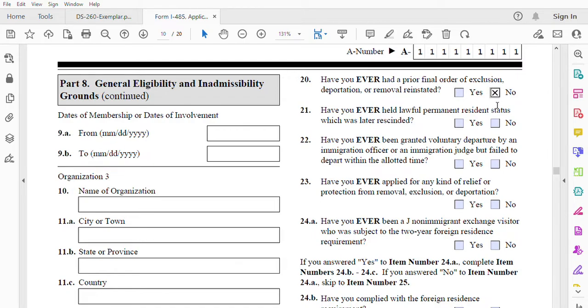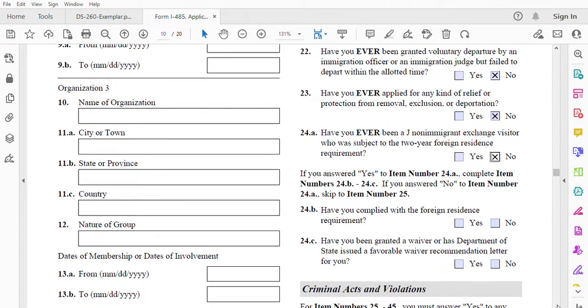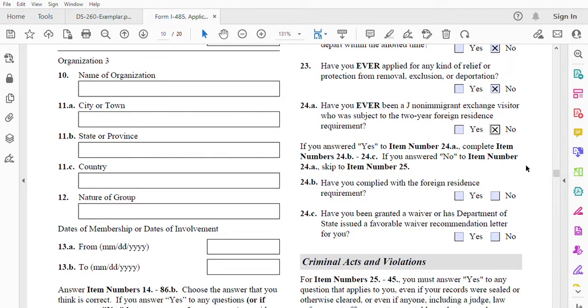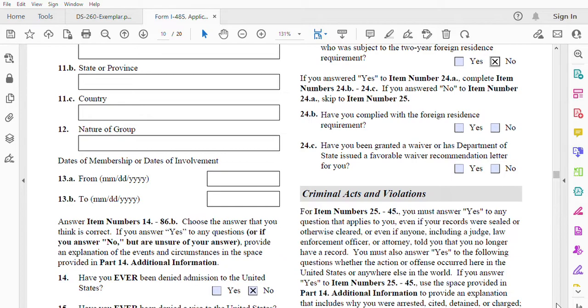No. Anyway, you read the question and answer yes or no. In my case, it is no, no, and no. This is a little bit tricky when you answer just no. You have to read them, because if you keep continuing no, no, no, that's not correct. You stop right here. You only continue to this if you answer yes to item 24A. If you answer yes, you answer this. If not, you leave it like that. So read them. Do not just keep checking no, no, no.